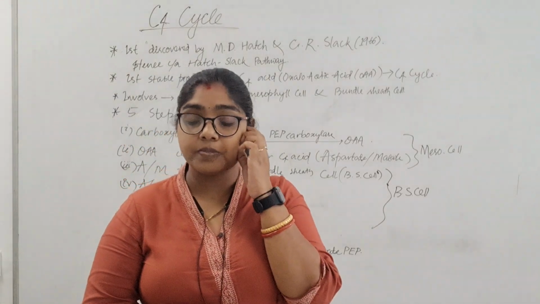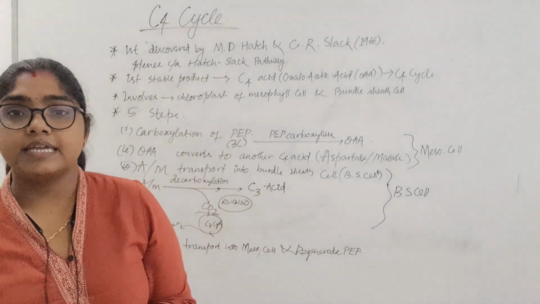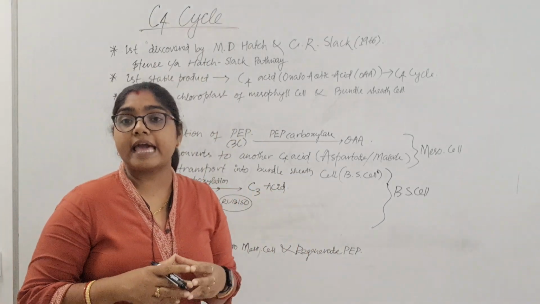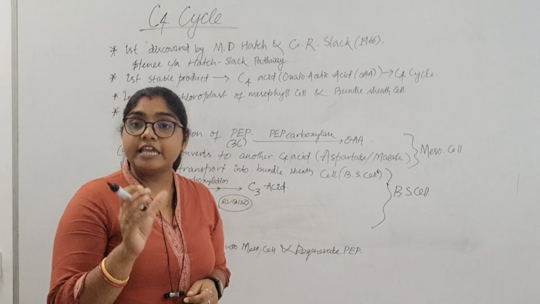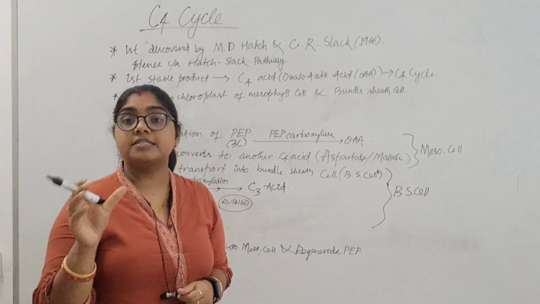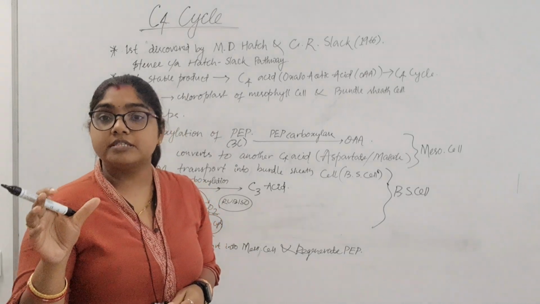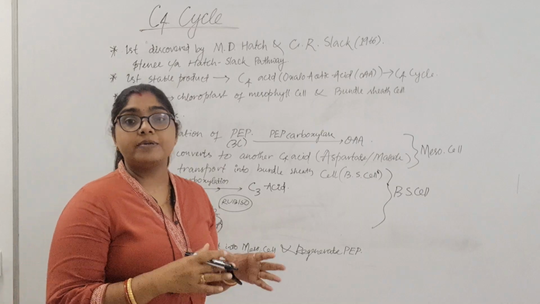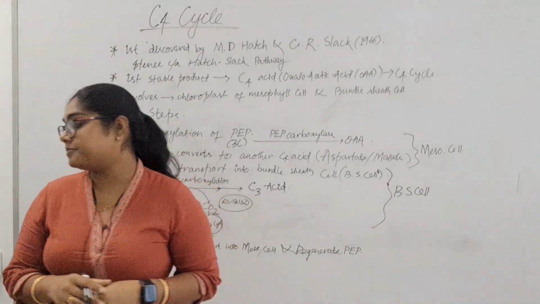Got it? Understood? Now in C4 plants there is a key characteristic. The leaf anatomy of C4 plants is the key characteristic for these plants. Now we'll see the leaf anatomy of it.